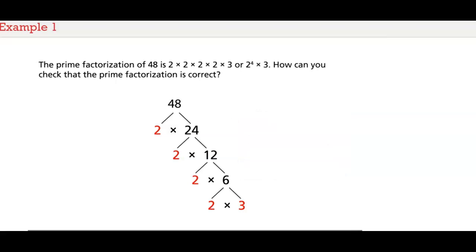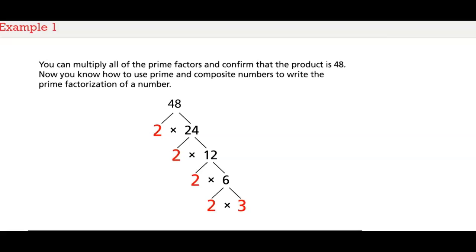The prime factorization of 48 is 2 times 2 times 2 times 2 times 3, or 2 to the 4th power times 3. How can you check that the prime factorization is correct? You can multiply all of the prime factors and confirm that the product is 48.